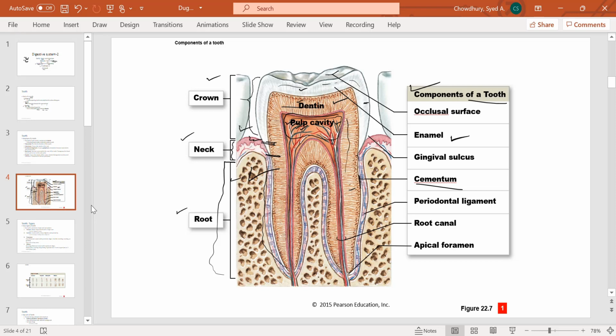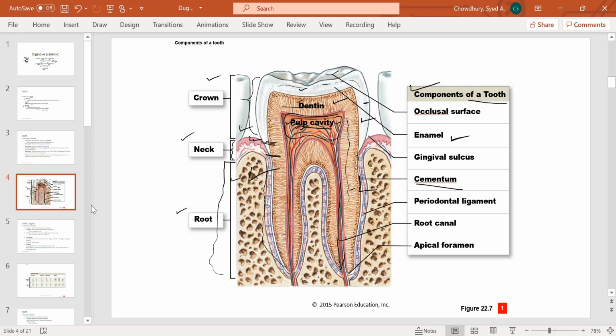So dentin is everywhere, right? But enamel is only in the outer part of the crown and cementum is only in the root part. And then you have the root canal. You see this narrow passage, this is the root canal through which the blood vessels, arteries, veins and nerves go to the pulp cavity.